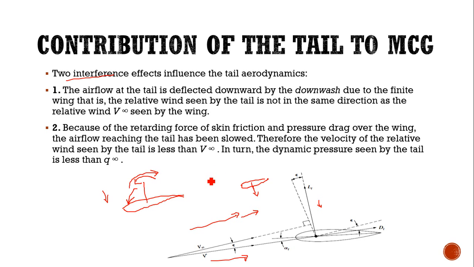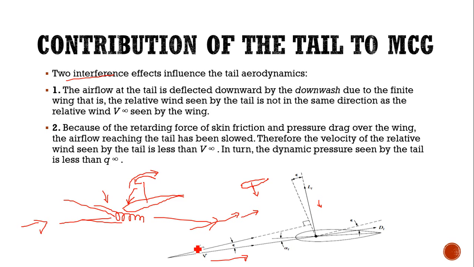So there are two effects, because of the aerodynamic effects and the vortices, trailing edge vortices and all, the airflow over the wing is slowed down and then it reaches the tail of the aircraft. So the speed in front of the wing is slowed down, and the speed changes when it reaches the tail.